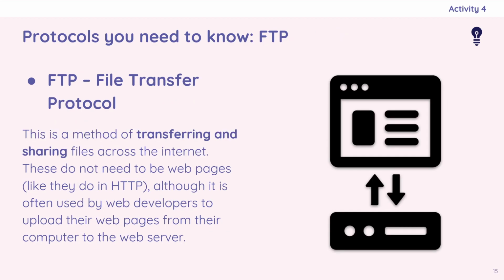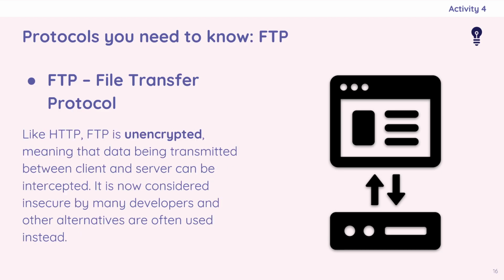You've got FTP as well, which is there for transferring and sharing files across the internet. You don't necessarily need access to web pages, but you can upload web pages to a server of some kind, and in some way also upload files via a web page to be stored on the server. That's quite typical too.